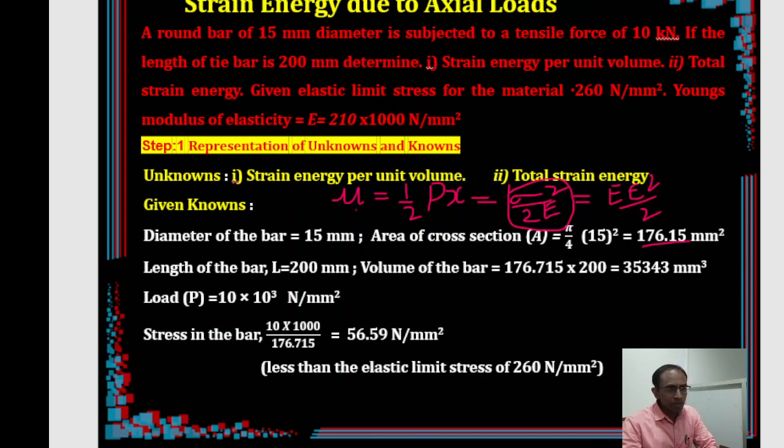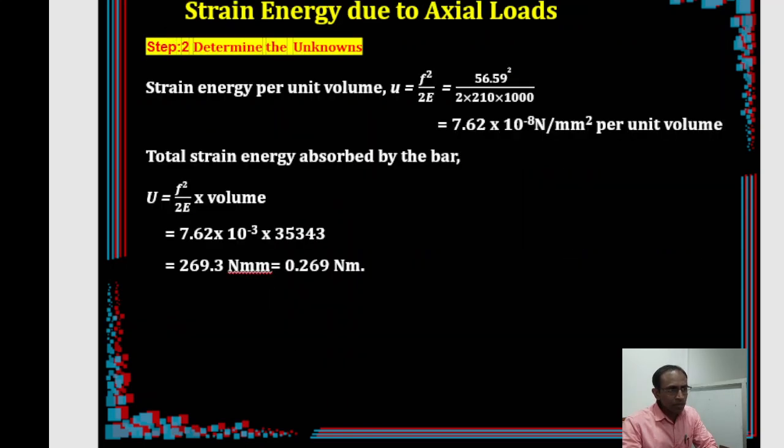Everything is known to us now. We got clarity of the solution. We know sigma, and the modulus was given in Newton per mm square. The information we can write is E, that was also given. Substitute that and you will get the solution.